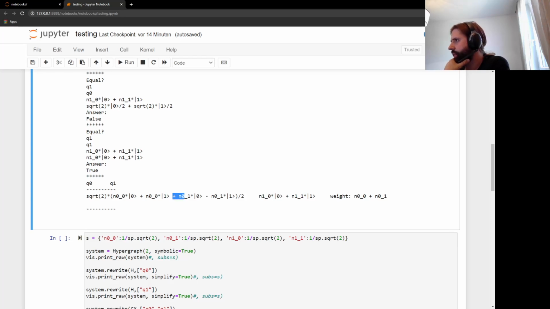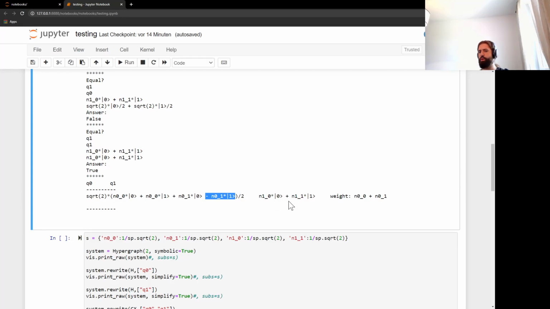So basically you have these and then these, which kind of tells you that here's where you're going to have destructive interference for certain values of the coefficients n00, n01. And then on top of that, we have this weight here, which is basically something that we multiply, either here or here.